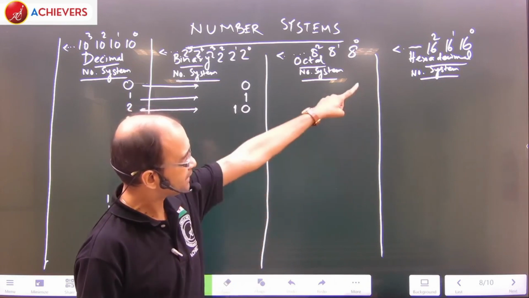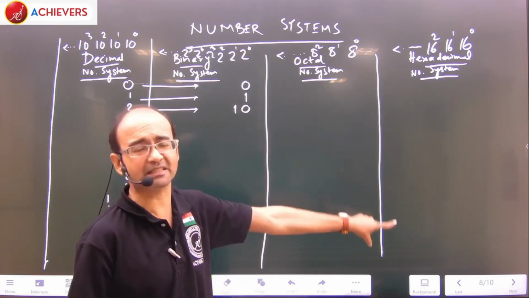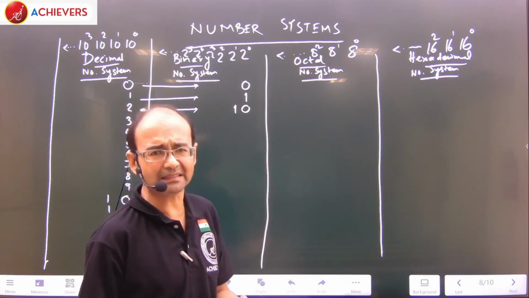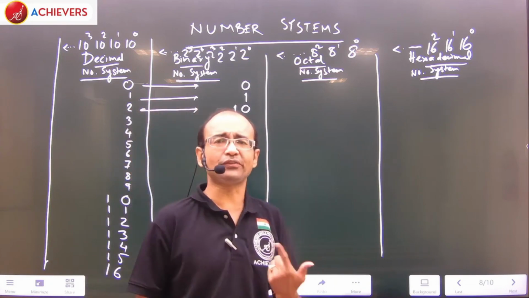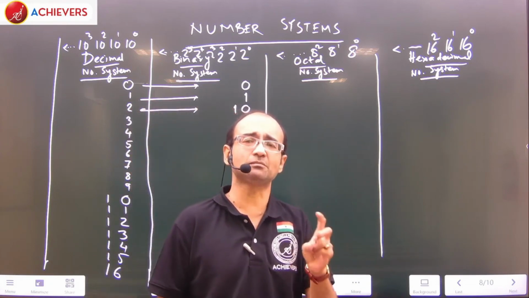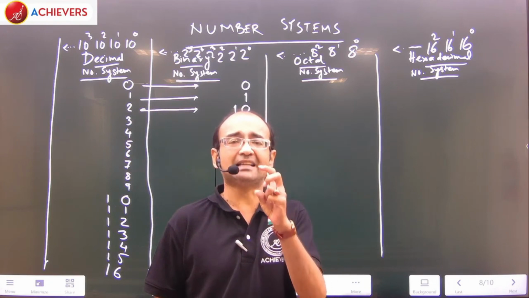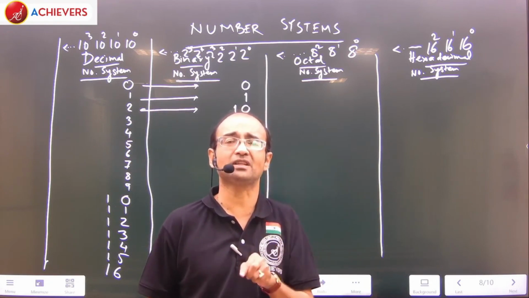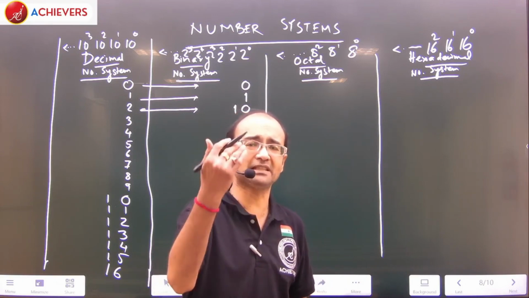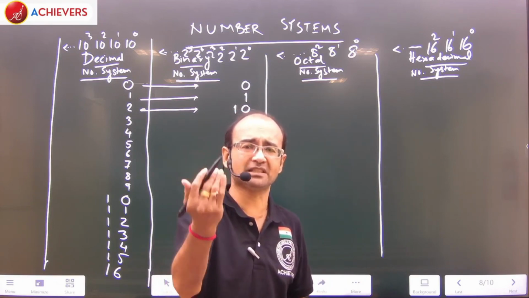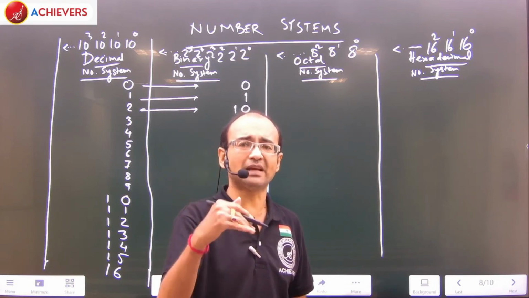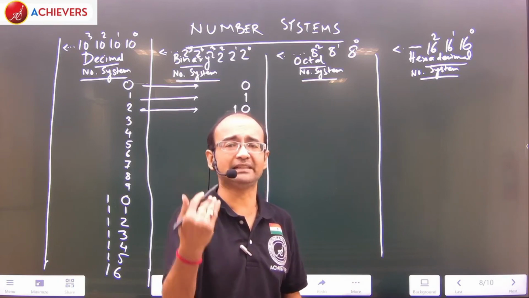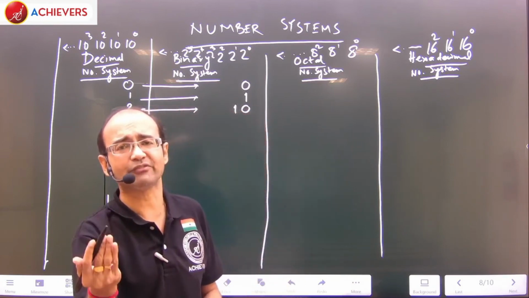In the hexadecimal number system, we can represent 16 digits. Now how many digits do we have? 0 to 9. From 10 to 15, we represent the hexadecimal digits as capital A, capital B, capital C, up to capital F. So 10 is represented as capital A, 11 as capital B, 12 as capital C, 13 as capital D, 14 as capital E, and 15 as capital F respectively.